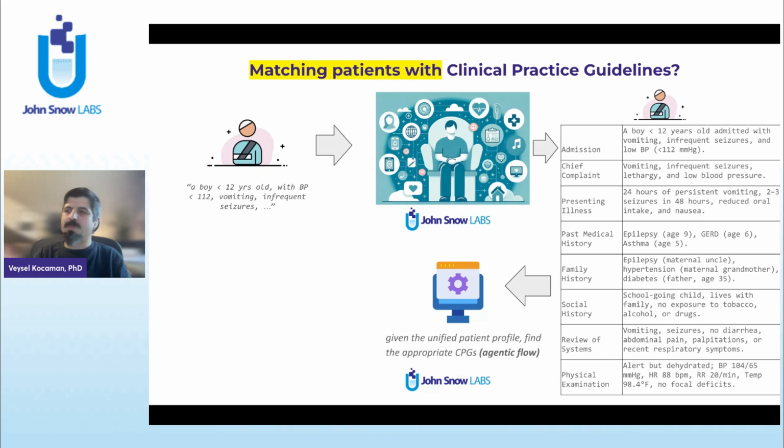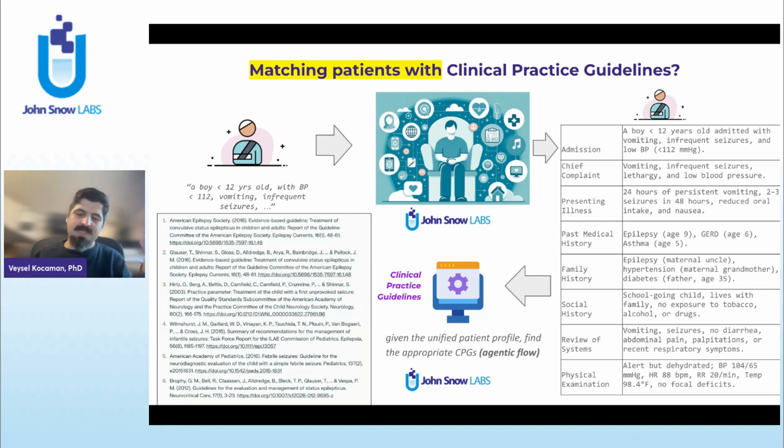It would be overly optimistic and naive to think that we can find the right set of CPGs right away, because we are talking about 100 plus pages per CPG across 3,700 different PDF files. That's why the agentic flow is the first step in the GenAI flow, so that you can find the most appropriate set of CPGs with its help.